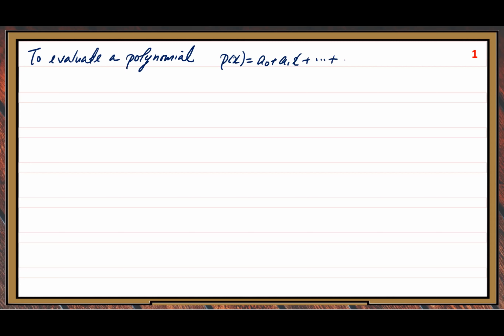And we need to produce the data needed for this polynomial. So let's look at what the data we need. First, coefficients of the polynomial. Coefficients. So that is the array, this array.